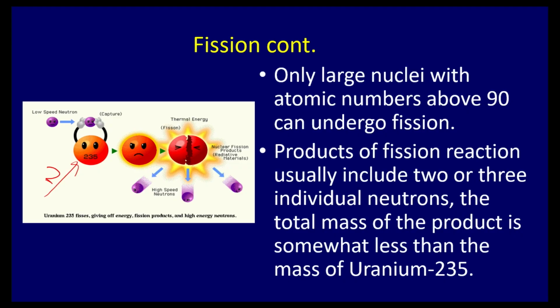So these 3 released neutrons will again hit other nuclei of uranium-235. That means if a single neutron helps to split a single nucleus, then another 3 nuclei will be split by this. So 1 will become 3, and 3 become 9, and 9 become 27, like that.